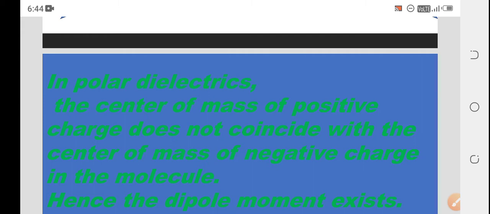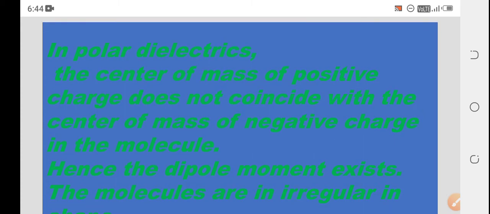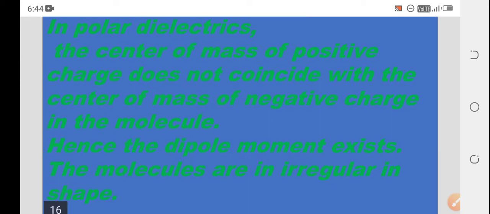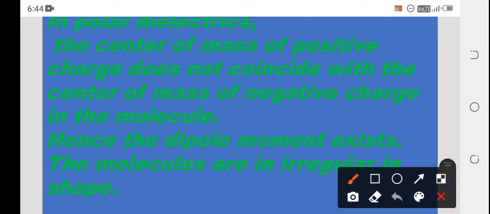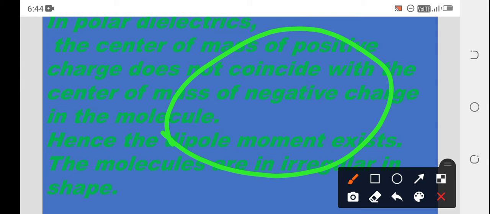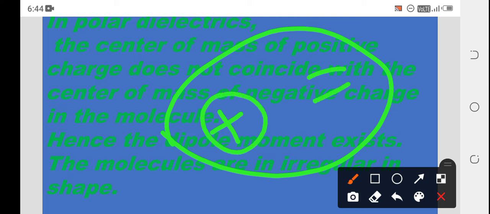Let's see what polar dielectrics are. In polar dielectrics, the center of mass of positive charge does not coincide with the center of mass of negative charge in the molecule. Hence, a dipole moment exists. The molecules are irregular in shape. Just imagine a molecule with two atoms: for one atom I'm taking a positive charge, and for the other a negative charge.